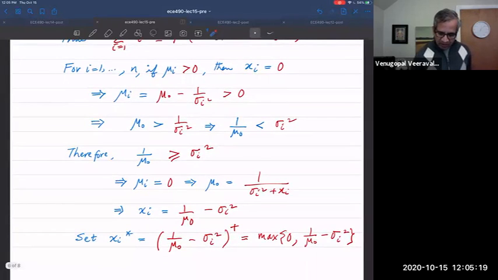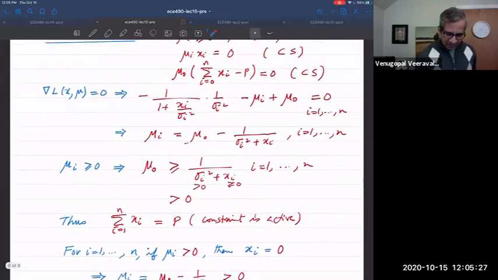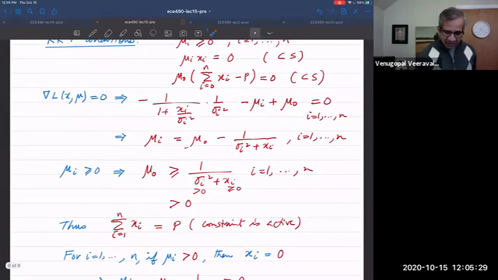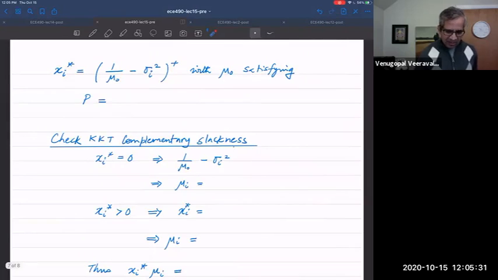So this mu 0 is still a variable that we need to determine, but we have enough information to do that from our equality, from our active constraint. So basically, we have the solution to this problem as xi star equal to this.